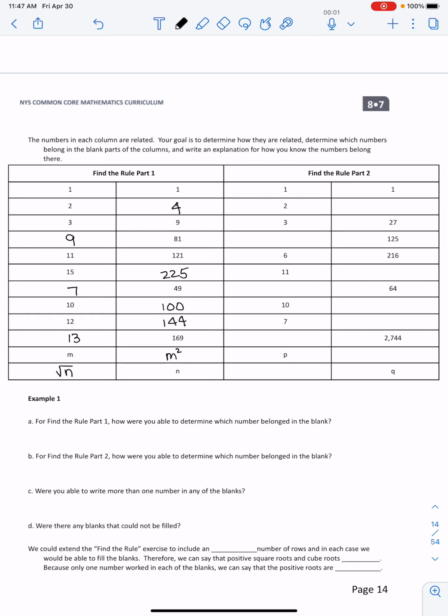The next one, as I look at this, we have 3 and then 27, 6 and 216. I am looking at the numbers cubed. So 2 cubed would be 8. 125, the cube root of that would be 5. 11 cubed would be 1331.